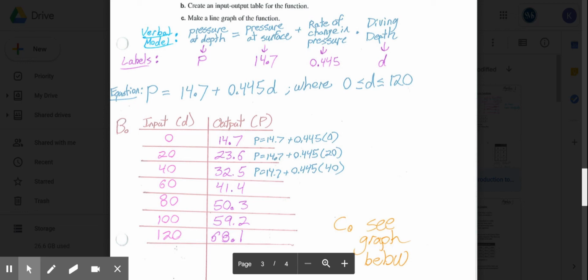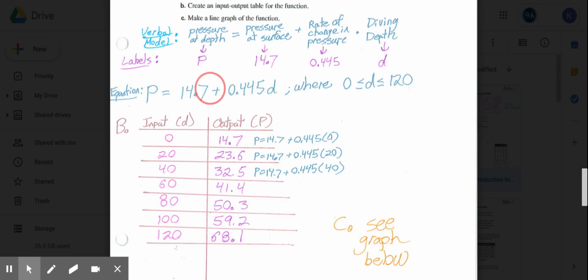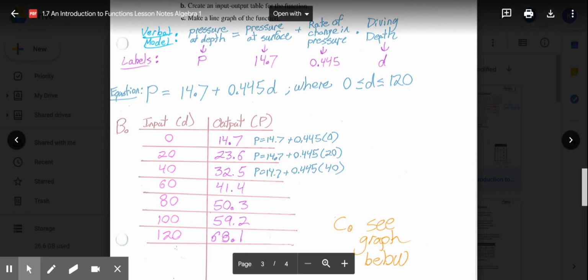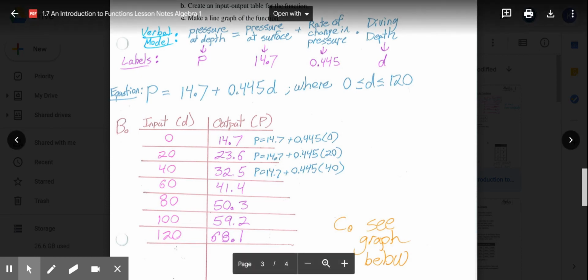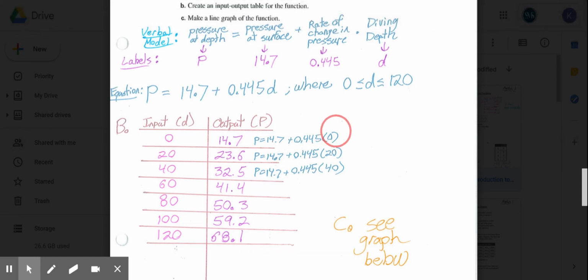Now what we'll be substituting those in for to get the output is the letter D in this equation right here. So 14.7 plus 0.445 multiplied by D. So you'll see here the inputs and the different outputs. A few examples. First we'll substitute a 0 for D. 0 times anything is 0.